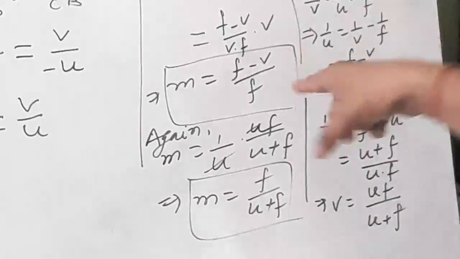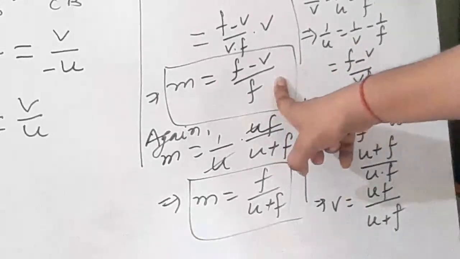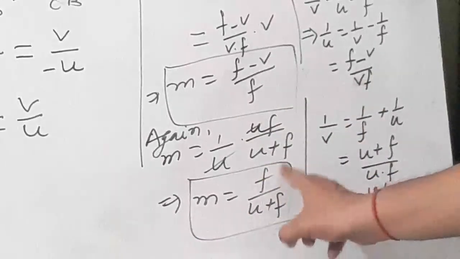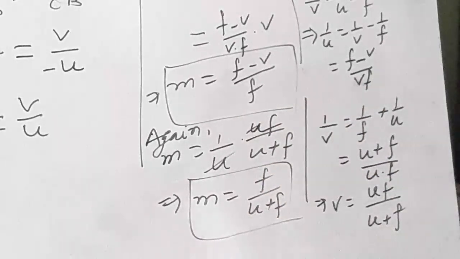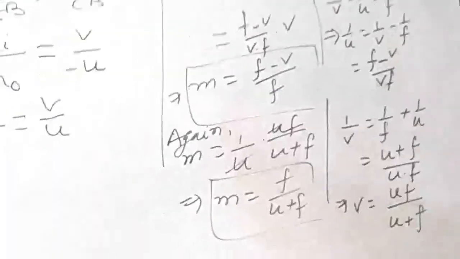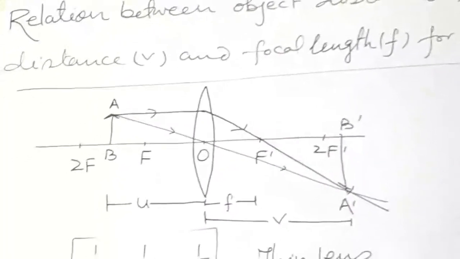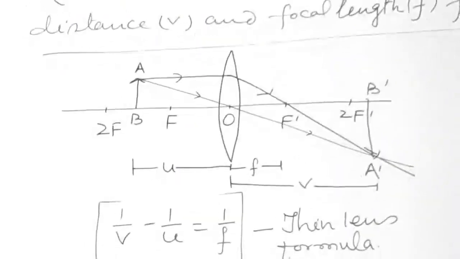If you have v and f, you should use this formula. If you have u and f, you should use this formula. So you learnt about magnification and lens formula in this lecture. In the next lecture, I will discuss some questions related to magnification and lens formula. Okay, thank you.